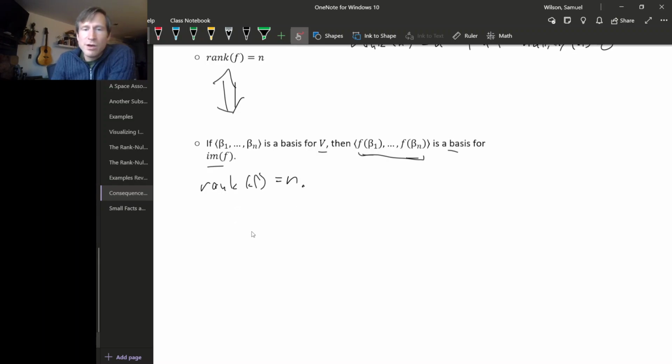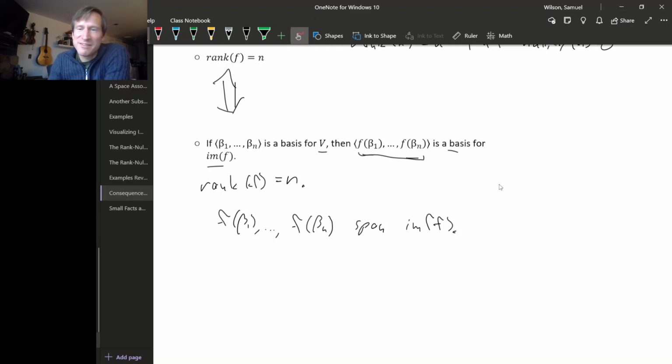Now we know that f of beta 1 up through f of beta n span the image of f. And the reason for this is because the betas span all of v, but the image is just everything that happens to v.